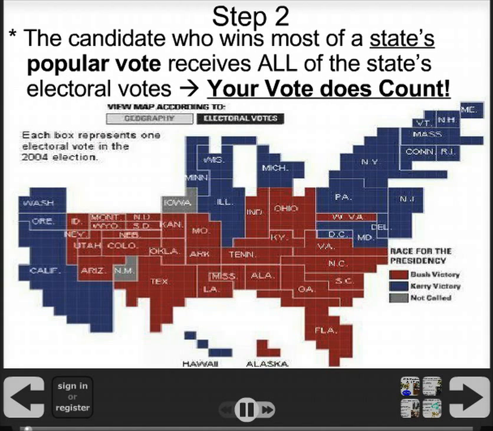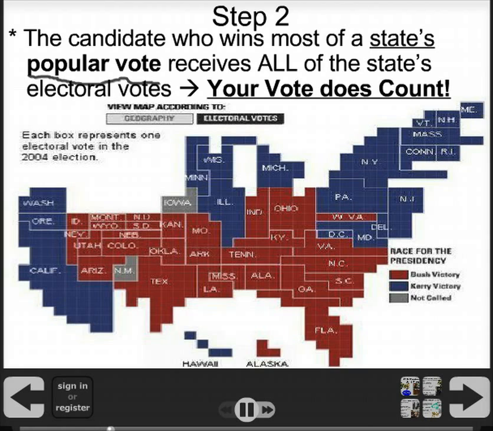This step gets a little bit confusing, but we will break it down very simply. As we noted earlier in the vocabulary we were looking at, we talked about something called the popular vote. And the popular vote is when you add up all the votes for a certain candidate.